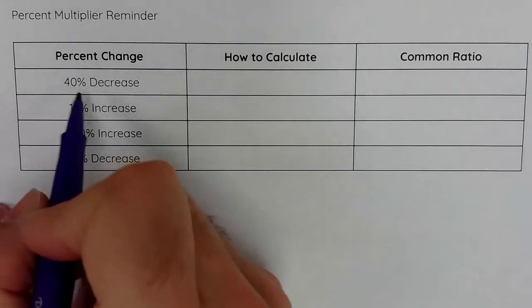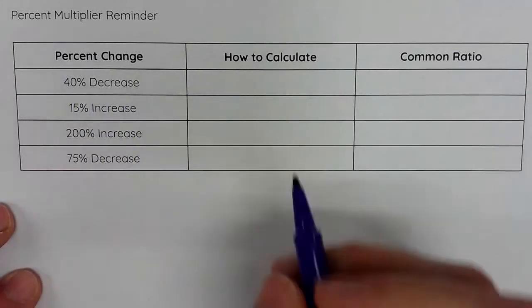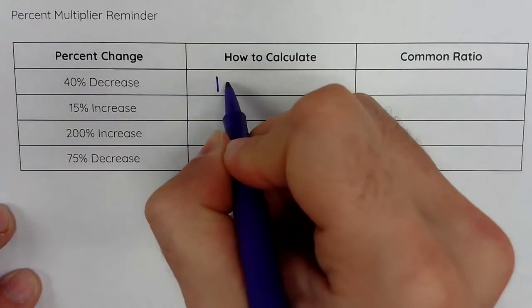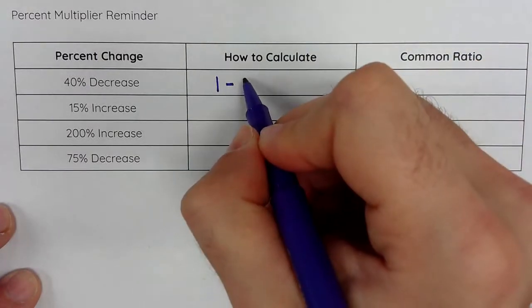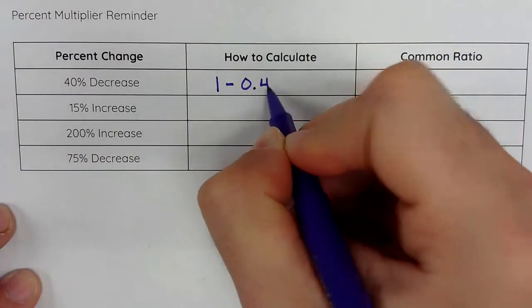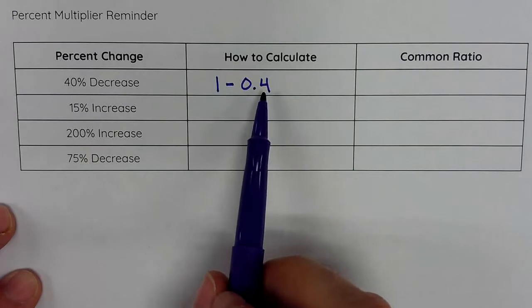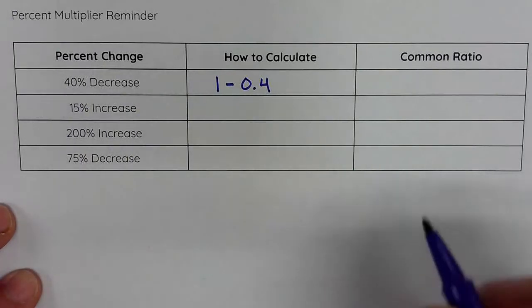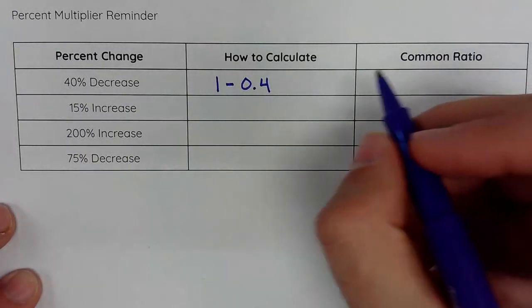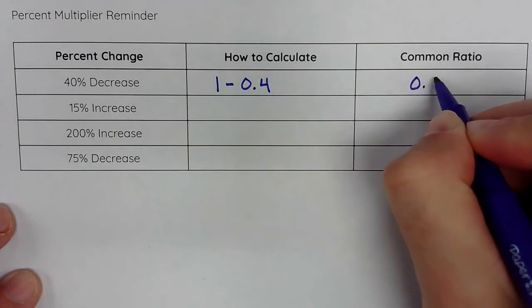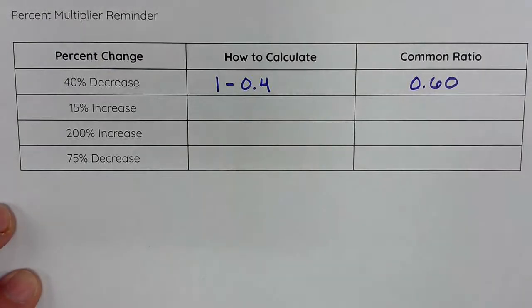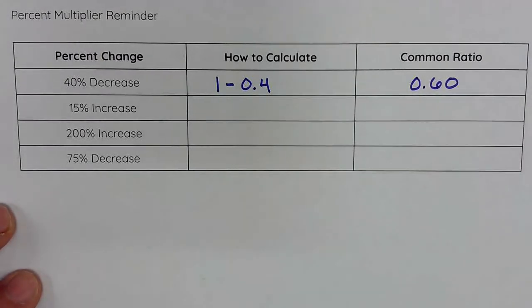So if we have a 40% decrease, that means we're going to take 1 and we're going to subtract 0.4. 0.4 is 40% as a decimal. If we do that, we're going to get a common ratio of 0.60 or 0.6.